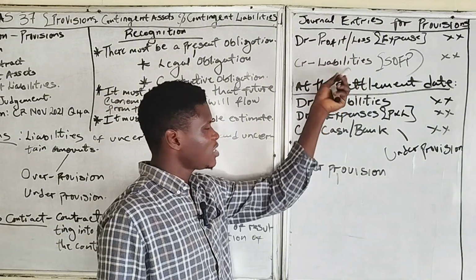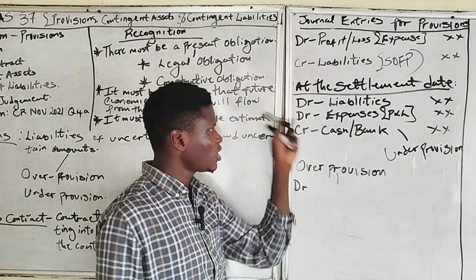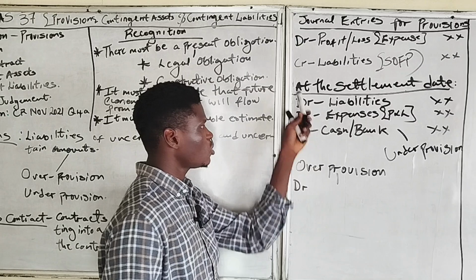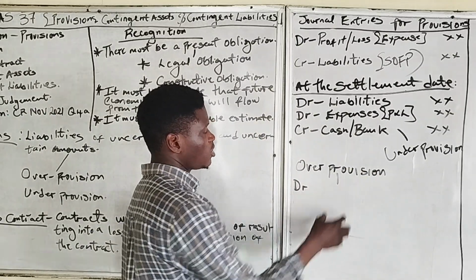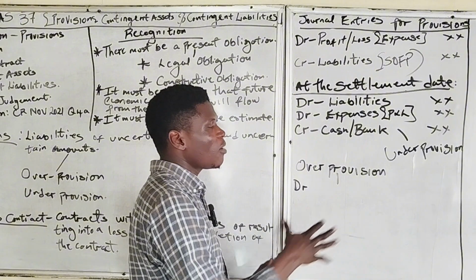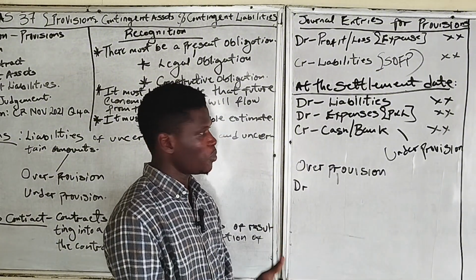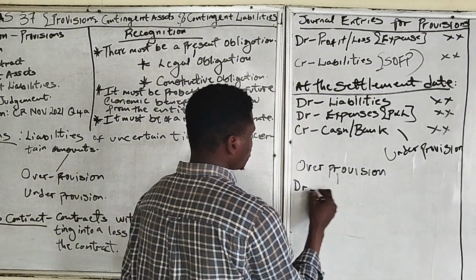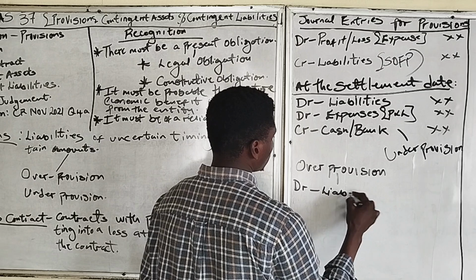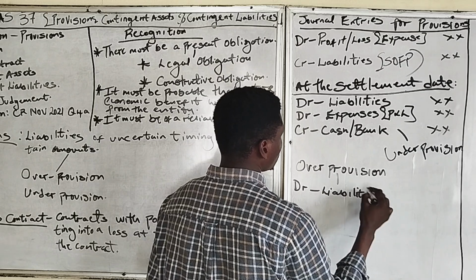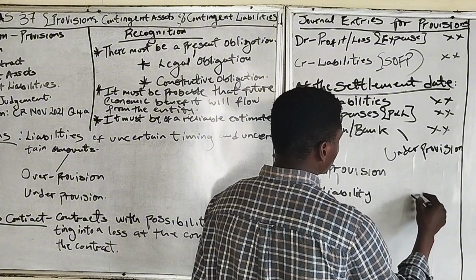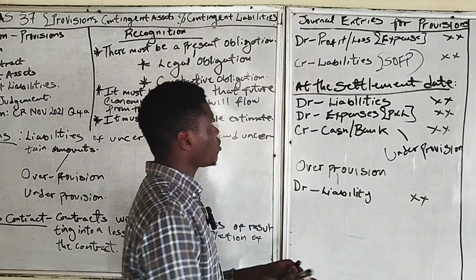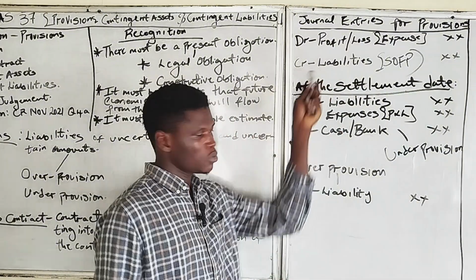We derecognize this liability because we are settling it. We said at the date of settlement, it can result in under provision or over provision. So if it is over provision, it means we have made provisions higher than what we are supposed to pay. The whole amount will be taken out of liability. That's derecognizing the initial provision.